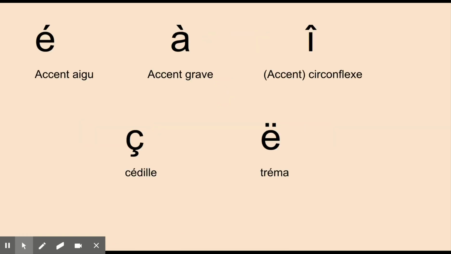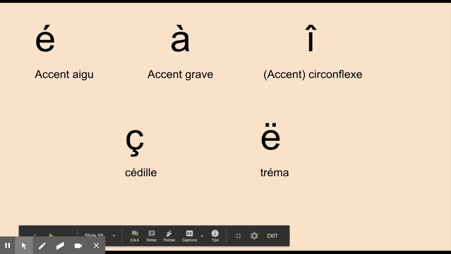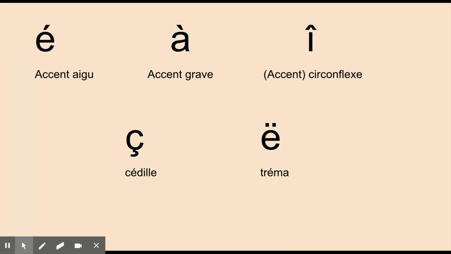Okay, so once again, the accents in French, we've got accent aigu, accent grave, accent circonflexe, cédille, and tréma. So when you're spelling something that has this in it, you would say e accent aigu, a accent grave, e circonflexe.